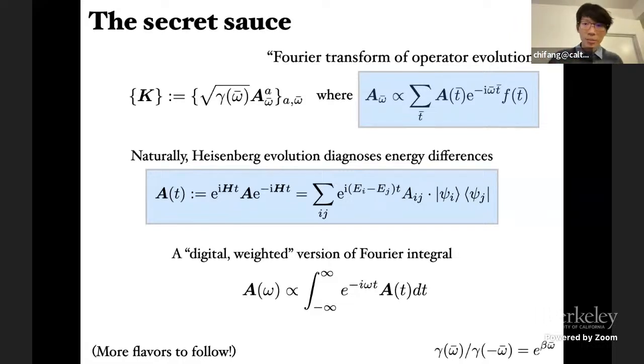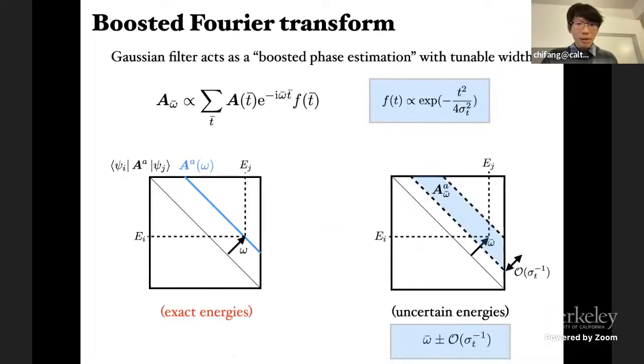So now let's unpack this secret sauce. What we're looking at here is really a boosted Fourier transform. Once you tune this function f correctly, it acts as a certain boosted phase estimation or boosted Fourier transform with a tunable accuracy. So pictorially, if you can do the Fourier transform perfectly, then you can access these transitions at precisely energy omega.